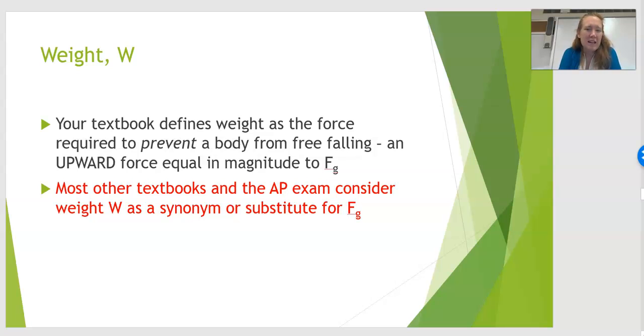I don't see it like that. So I would say do what almost every other textbook does, and it uses weight as a synonym for force of gravity. You'll see some AP problems where W, capital W, is the force, and it's a downward force instead of FG. That is okay to do.